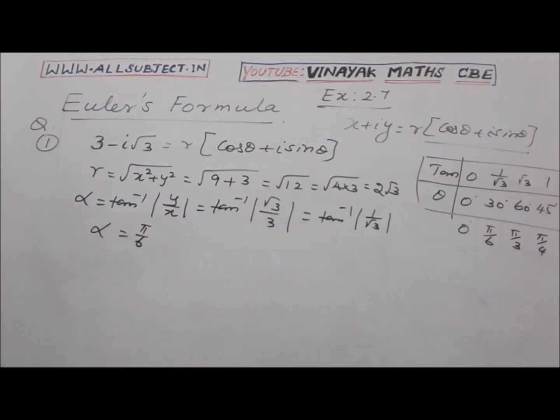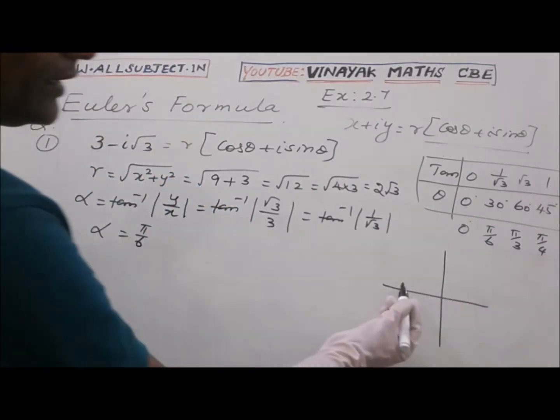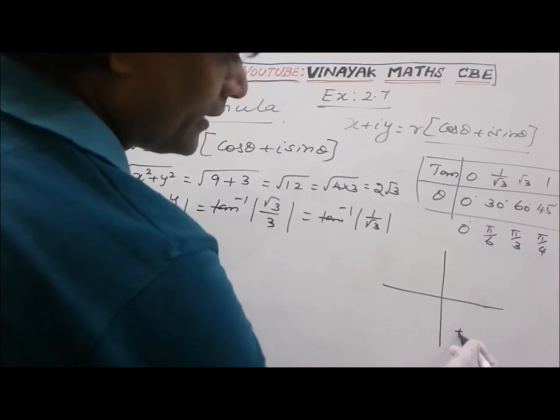Now we should find theta. To find theta, check the real and imaginary part. Here real part plus, imaginary part minus. So plus minus means it lies in the fourth quadrant, because here plus plus, here minus plus, and then this is the quadrant of plus minus.